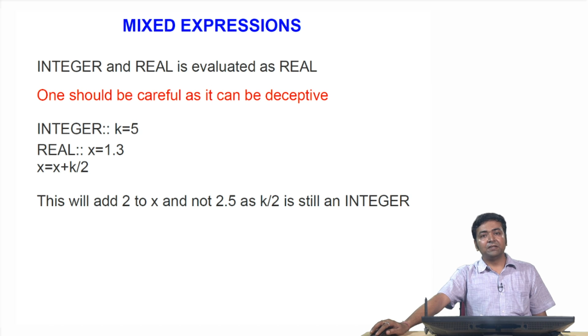Then the output of this integer division, 2, is added to the real number 1.3. So, the message I am trying to give here is that when you mix different types of variables, real and integer, in mathematical expressions, one should be very careful about what one is doing, otherwise one might end up with wrong numbers.